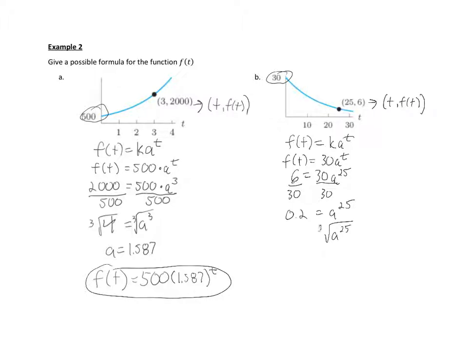And we're going to do the 25th root of 0.2. And that tells us a equals 0.938. So again, we get a number less than 1, like we'd expect because this is decay. And so the function is f of t equals 30 times 0.938 to the power of t.